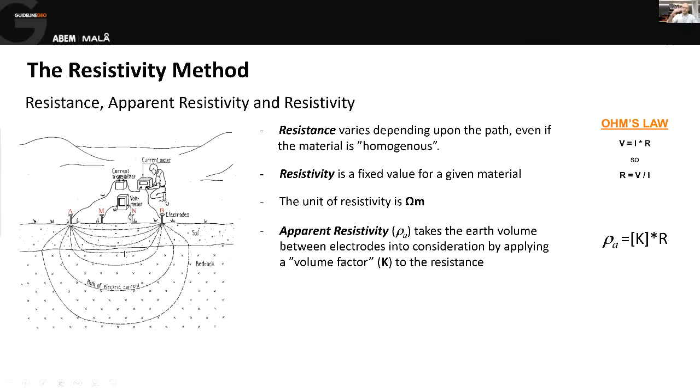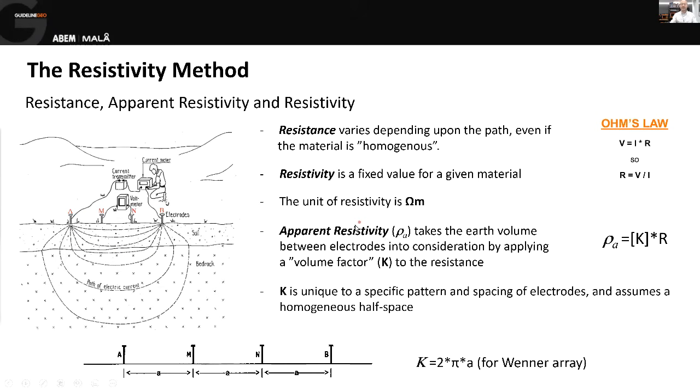And so all of the different layers that we're trying to detect are going to have an influence upon the values that we measure. So it's only apparent resistivity at this stage, and what we need to do in the processing is find a way to convert from apparent resistivity, the measurement at the surface, to the true resistivity of each of the individual layers that we can't measure directly.